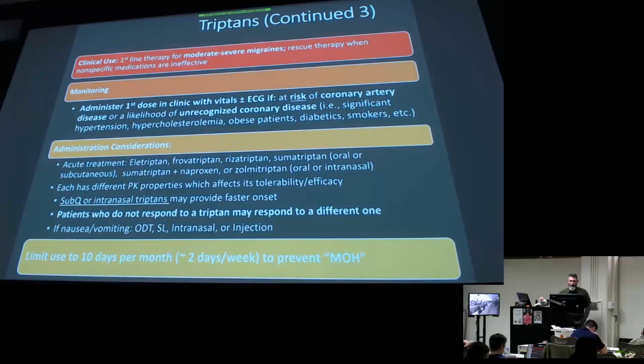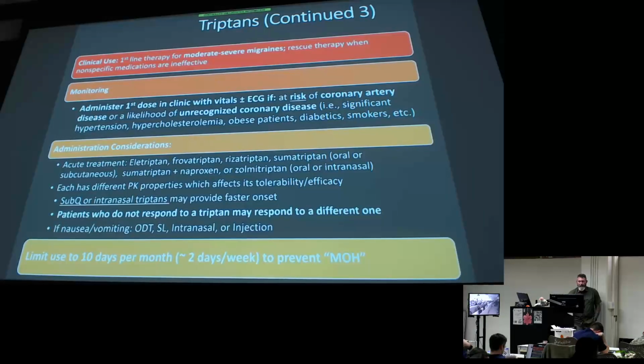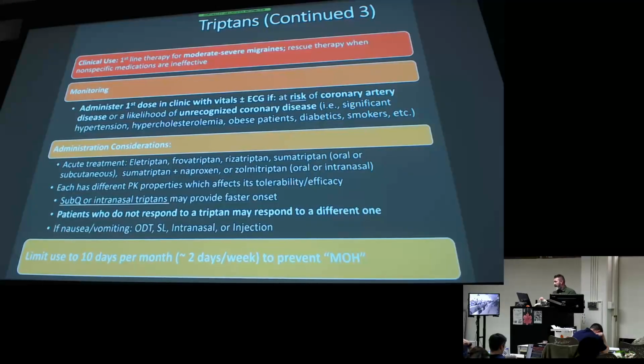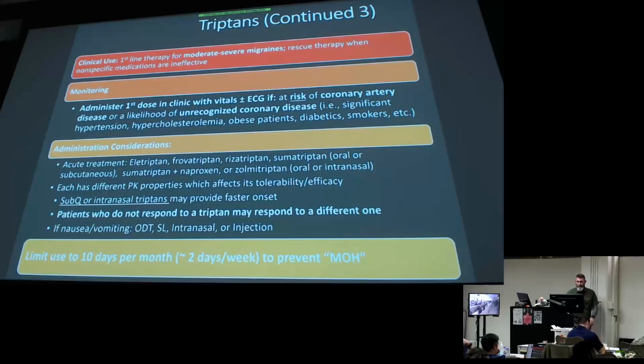Still talking triptans. Moderate to severe is the use. First dose, look at that in the clinic. Because they are vasoconstrictive, we sometimes put the patient on the EKG. They're going to experience some signs and symptoms of vasoconstriction, and we're going to talk about that in the upcoming slides, because that's where a lot of our contraindications come from.